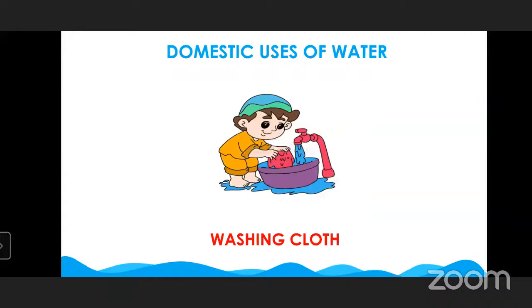So, if you want to save water, you should prefer to hand wash your clothes. Okay, see that picture? That boy is also doing hand wash. Are you able to see? Washing clothes.